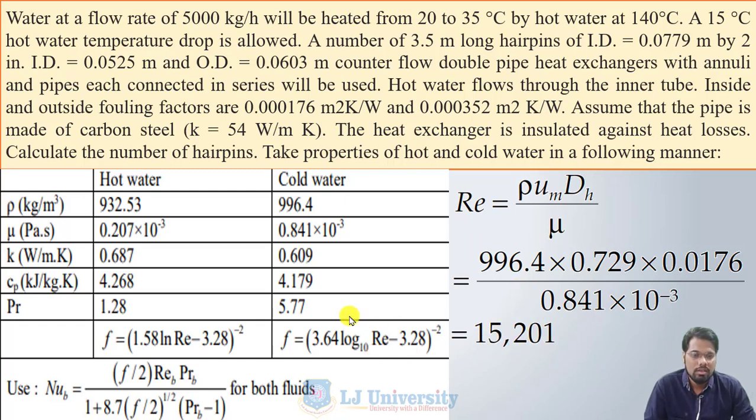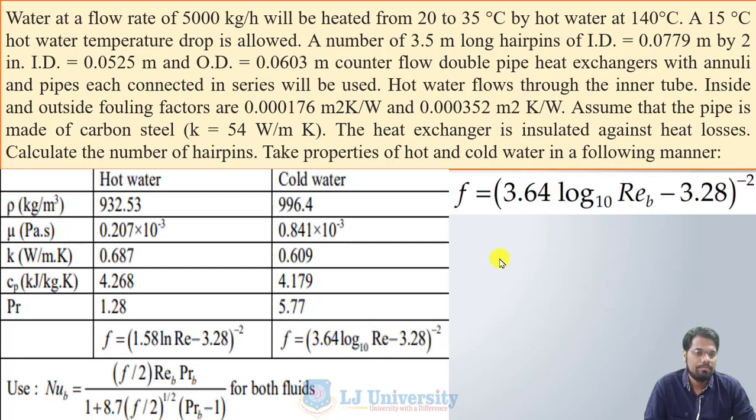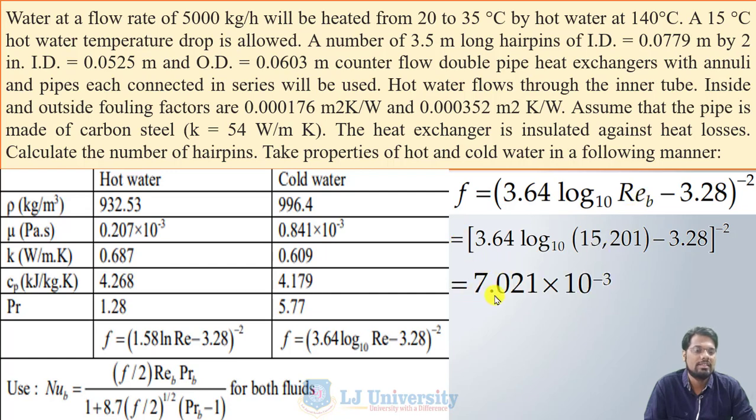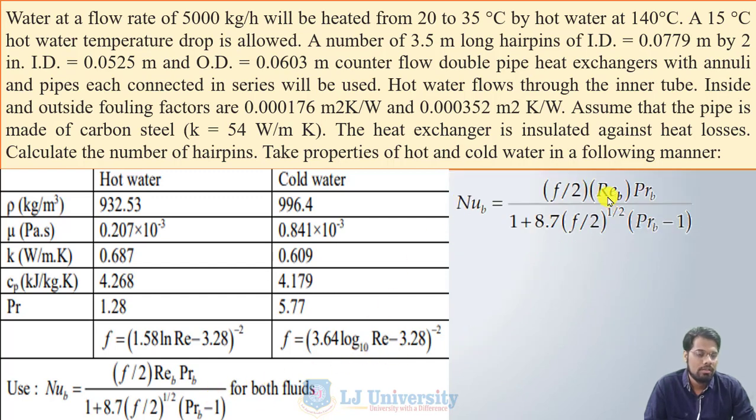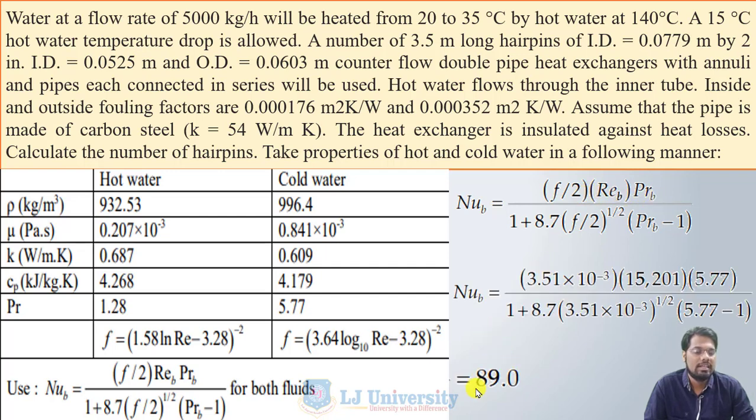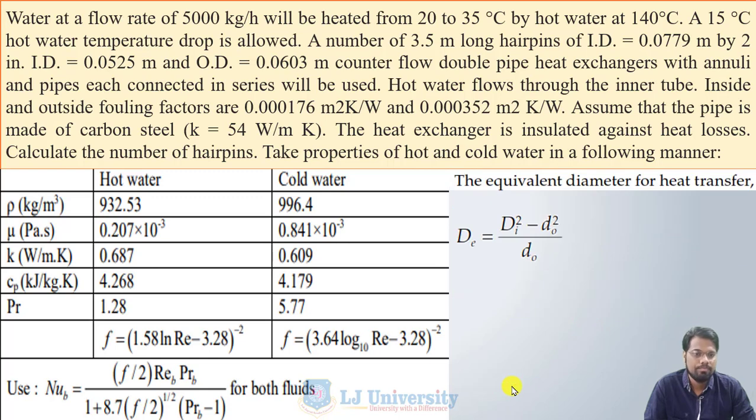Now using this relation, we can find the friction factor. Putting the Reynolds number in this equation, we get a friction factor of 7.02 × 10⁻³. Now putting the values of f, Reynolds and Prandtl number in this equation, we get a Nusselt number of 89.0.